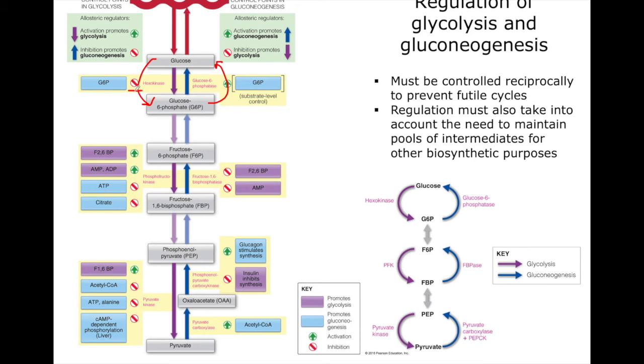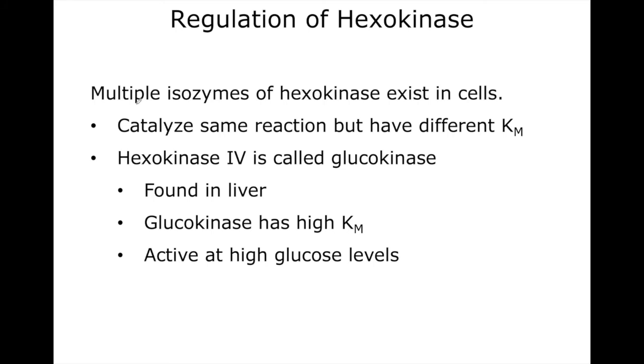Hexokinase is inhibited by the product. So as the product, glucose 6-phosphate, builds up, it inhibits hexokinase. And as what would be the substrate for glucose 6-phosphatase builds up, it activates glucose 6-phosphatase. So that's a relatively simple regulation. It's basically controlled by the substrate or product concentration.